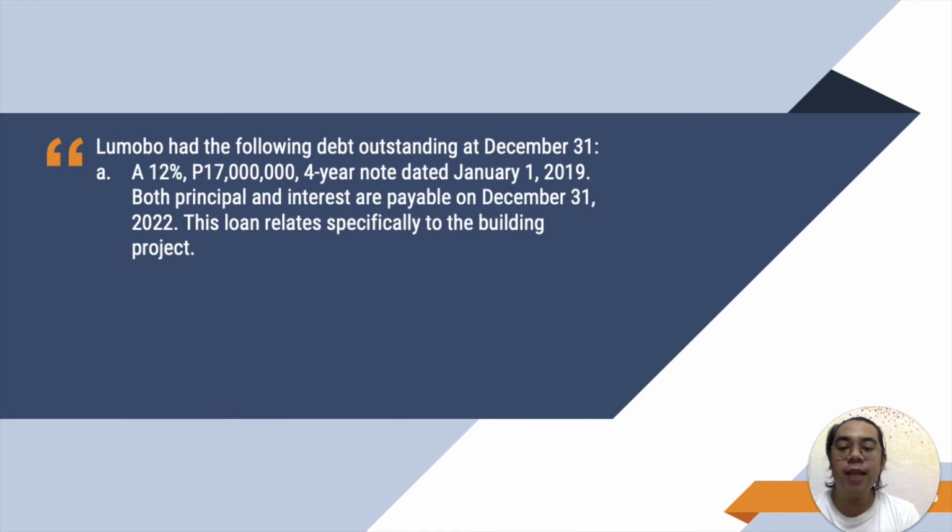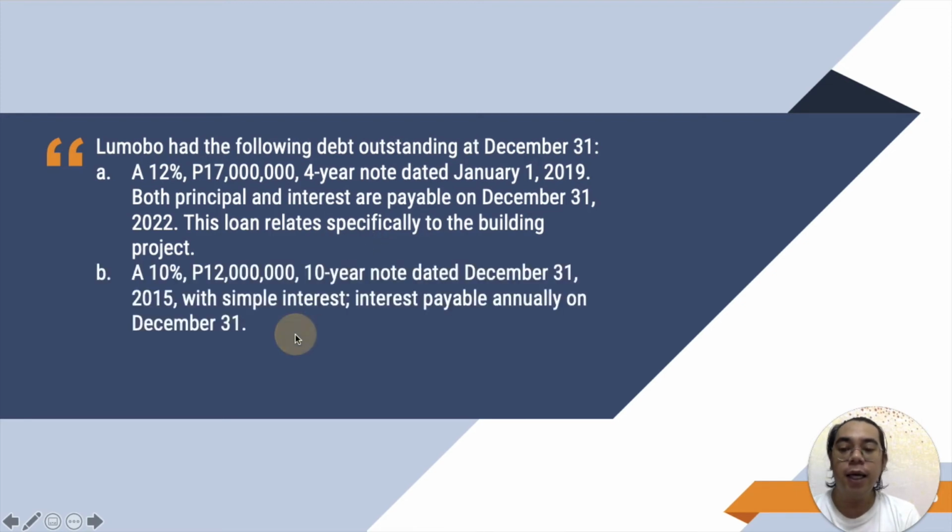A. A 12%, 17 million 4-year note dated January 1, 2019. Both principal and interest are payable on December 31, 2022. This loan relates specifically to the building project. B. A 10%, 12 million 10-year note dated December 31, 2015 with simple interest, interest payable annually on December 31.